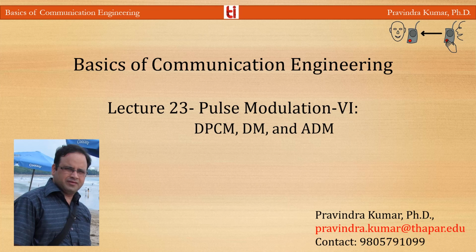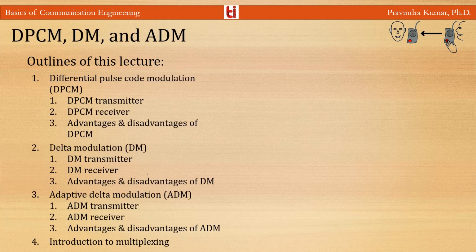In this lecture, I would like to discuss differential pulse code modulation (DPCM), delta modulation (DM), and adaptive delta modulation (ADM). The outline of this lecture is: differential pulse code modulation, where we will discuss the DPCM transmitter, DPCM receiver, and advantages and disadvantages of DPCM.